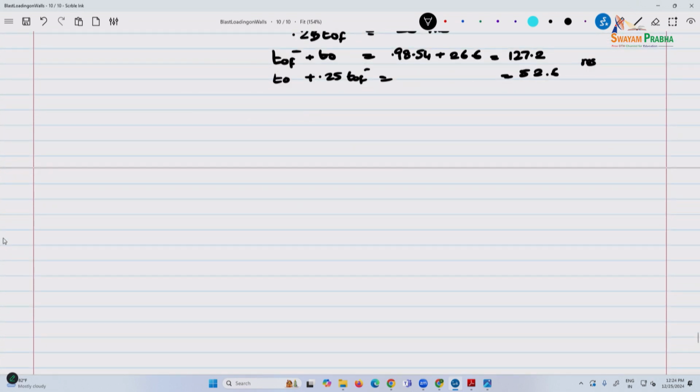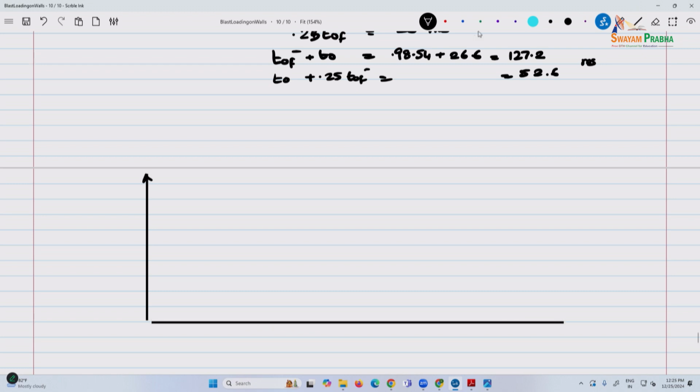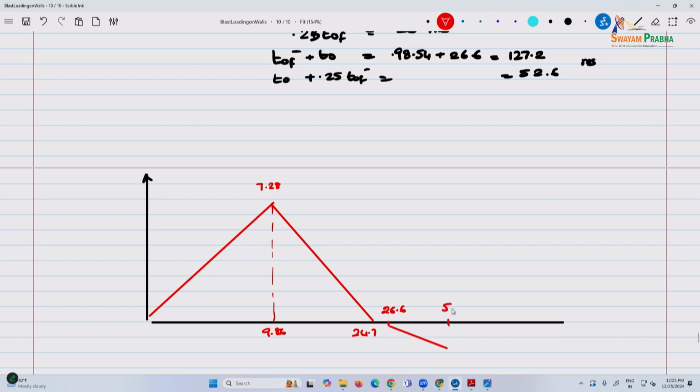So the graph here is 0.28 psi and at 9.86, coming down to 24.7 and then starts at 26.6, goes to 52.6 that we just saw, ends at 127.2, and this value is 2.